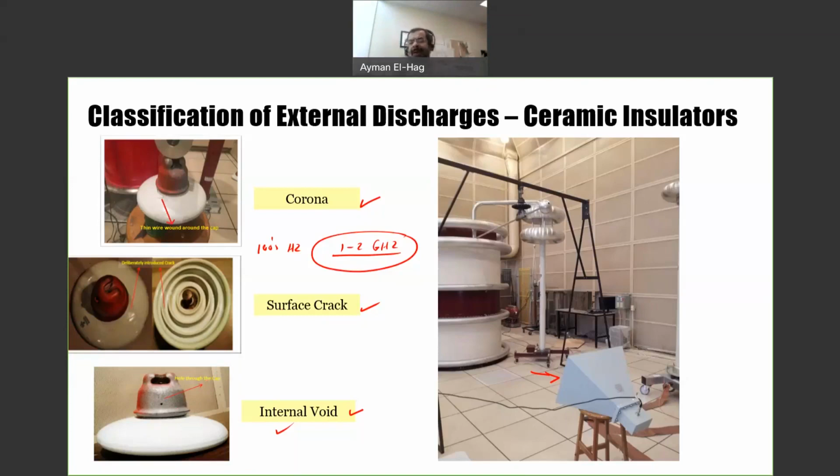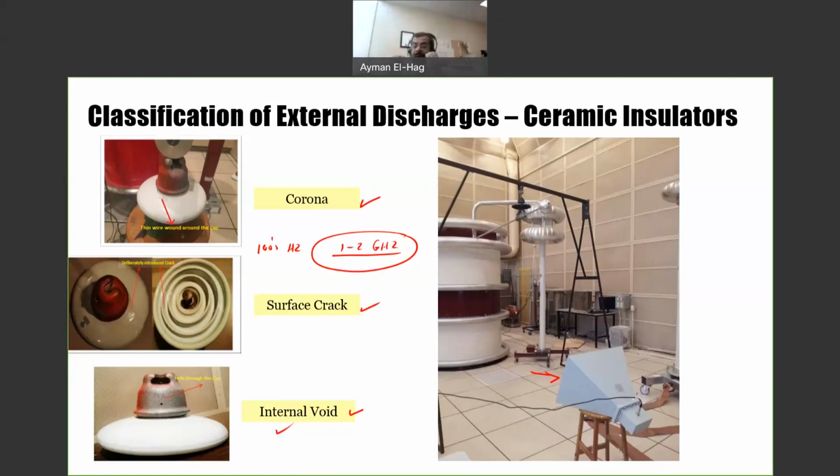So you will have a very weak signal. I didn't try yet, to be honest, to measure the internal discharge using an ultrasonic sensor, but it will be very, very challenging. And I'm planning to do that with a new sensor that we just purchased. However, the RF antenna signal can propagate, and it will not be attenuated much by the solid dielectric material. Very minimum attenuation will happen to the signal. So this is why we can use the RF antenna, and this is a clear advantage of the sensor.